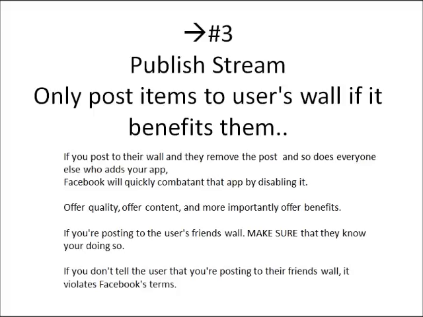If you're posting something that doesn't offer quality, doesn't offer good content, or more importantly doesn't offer a benefit, then users will remove the wall post, which sends red flags so fast to Facebook that it results in your app being disabled, which is really bad.